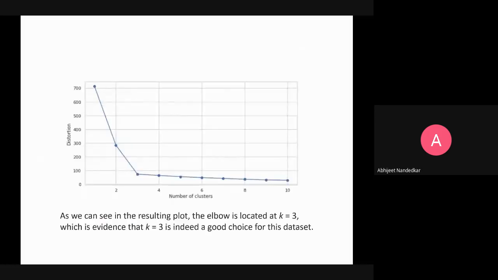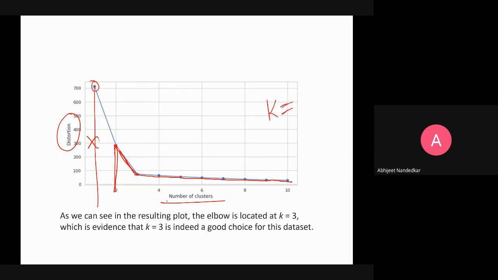So what you see here is a graph of distortion versus the number of clusters. Initially, one should not go with k equal to 1, but it is shown here. This is not required. So you can start with k equal to 2, and then you can see that this is going down and down.